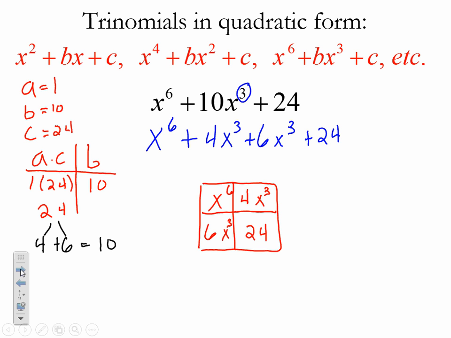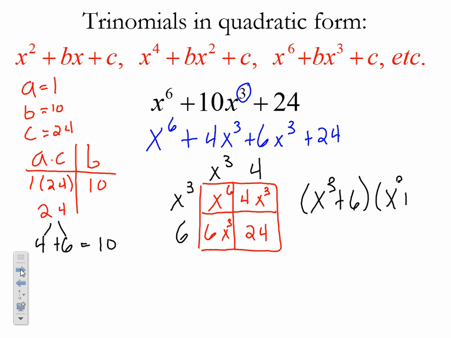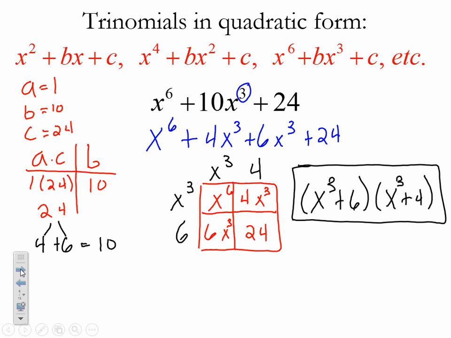Let's take the greatest common factor here. We have 6. This is x cubed. This one is going to be x cubed, and here we have 4. So our answer for this one is x cubed plus 6 and x cubed plus 4. There's our answer. Not much changes, we just have to check our exponents, okay, ladies and gentlemen?